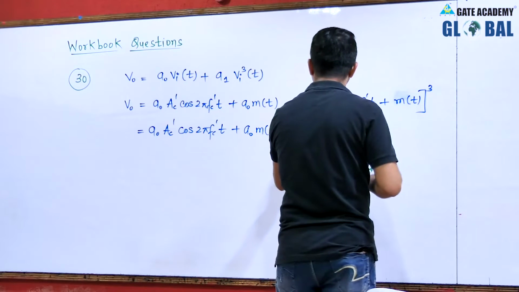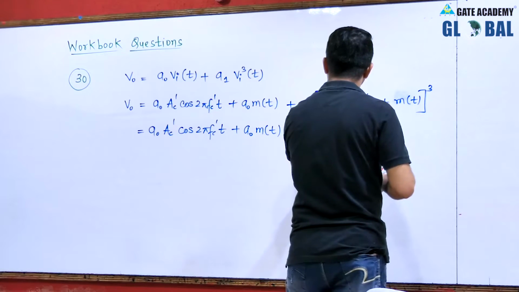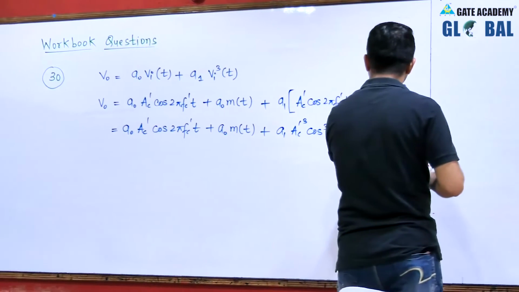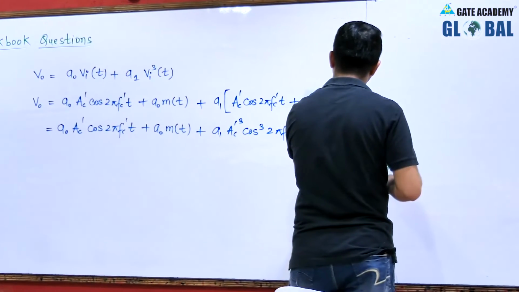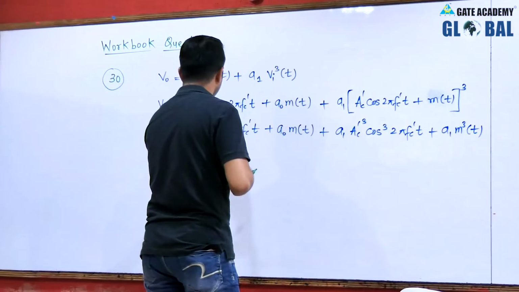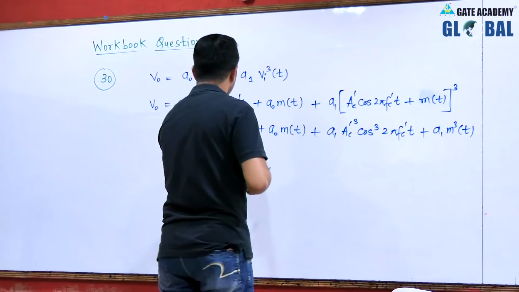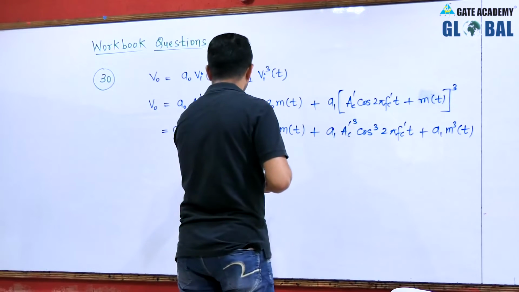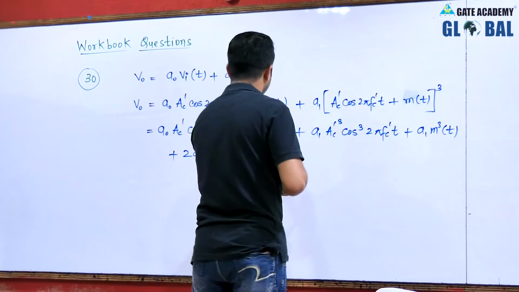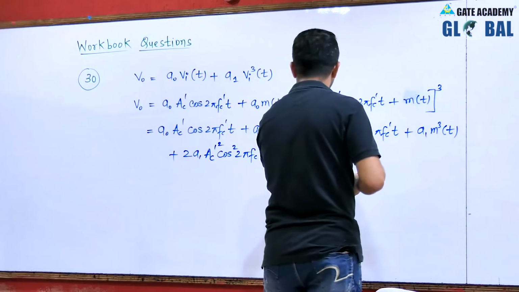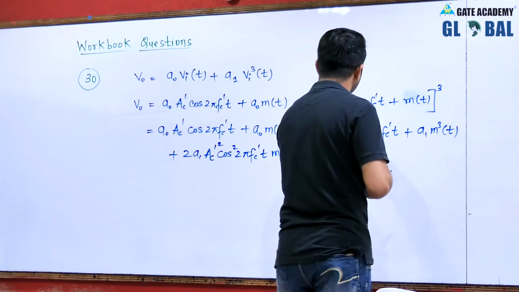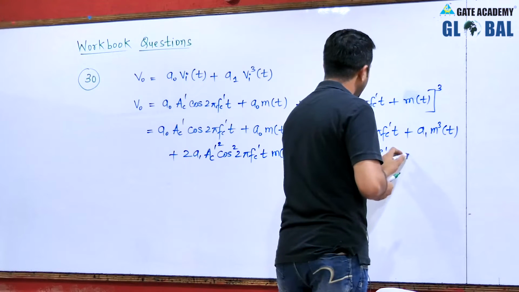So, this is a1 Ac'^3 cos^3 2π fc' t plus a1 m^3(t) plus 3 a1 Ac'^2 cos^2 2π fc' t m(t) plus 3 a1 Ac' cos 2π fc' t m^2(t).